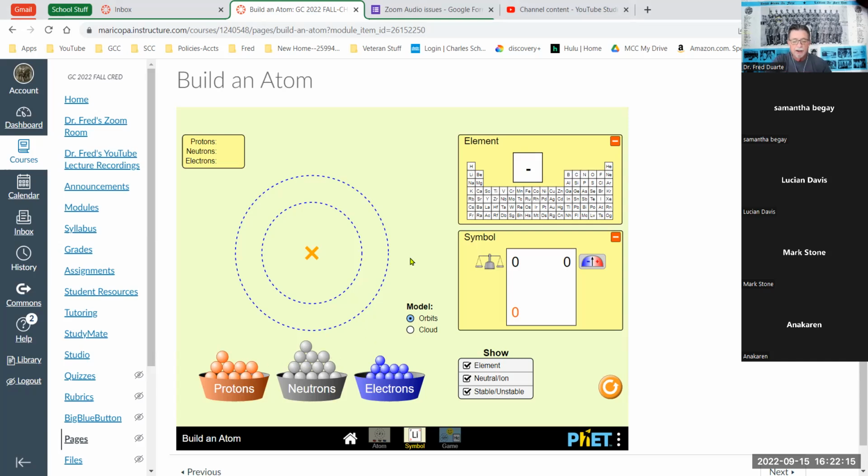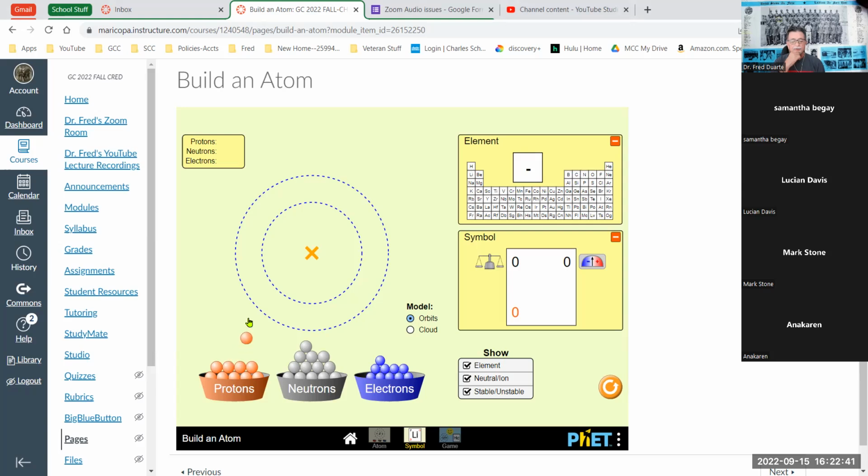Now, if I grab a proton and put it near, let me back it up. In the center here, you see three marks or three energy levels, dotted lines, circles, and then the X, which represents where the nucleus will be. The dotted lines represent the different energy levels, specifically only the first two, energy level 1 and 2.